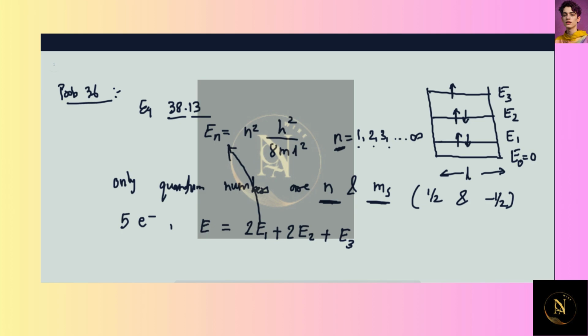Since everything is common except n for E1, E2, and E3, let's say that we have 2 electrons with n equal to 1 squared. Then we have 2 electrons in the second state, where n is 2, and there is 1 electron in the third state, where n is 3, and everything else is common and taken out.